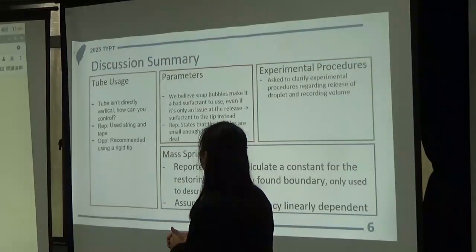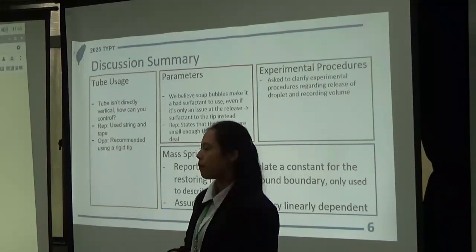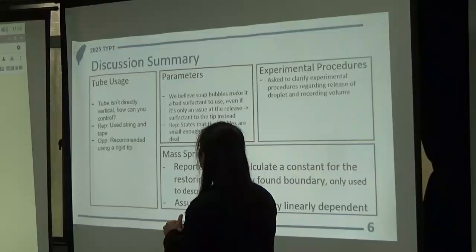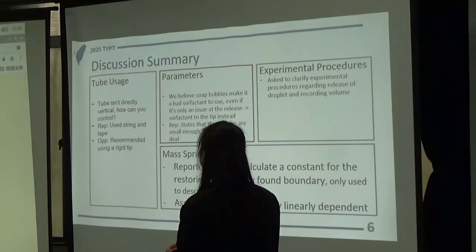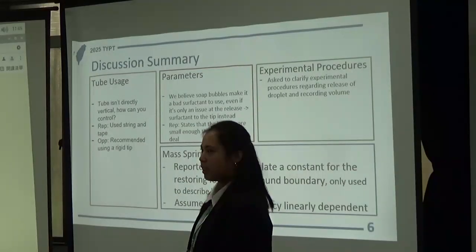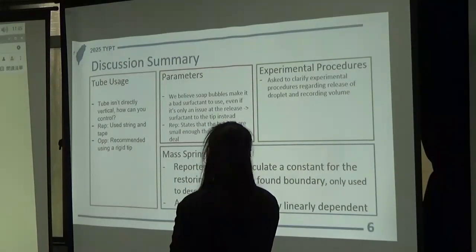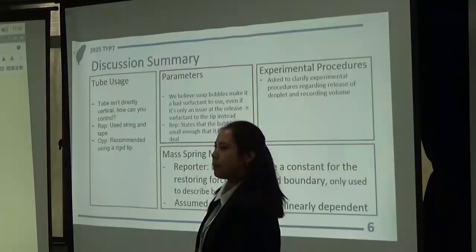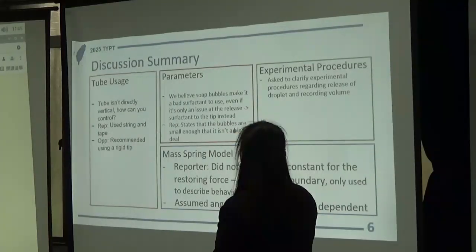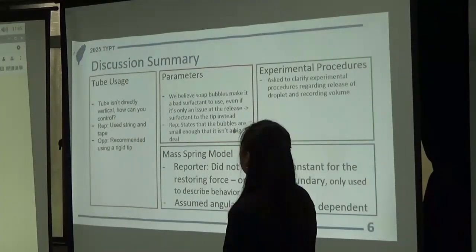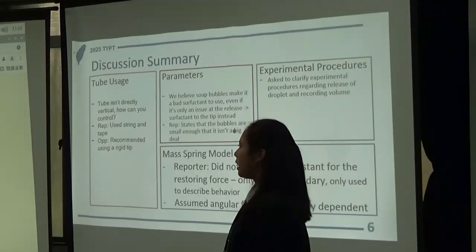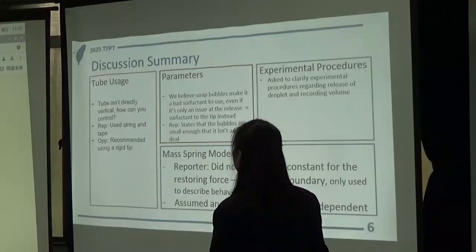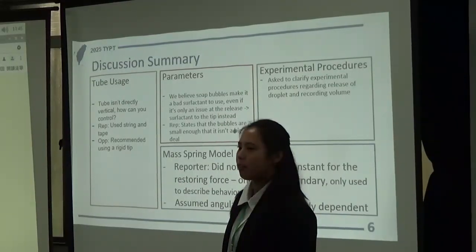Even though it's only an issue for the release part, it's also sensitive. And then the reporter states that the bubbles are small enough so it's negligible. And then we also talked about the experimental procedures. I also clarified the experimental procedures regarding the release of the droplets because they failed to mention this. And also the mass spring model, how they didn't account for the spring constant.